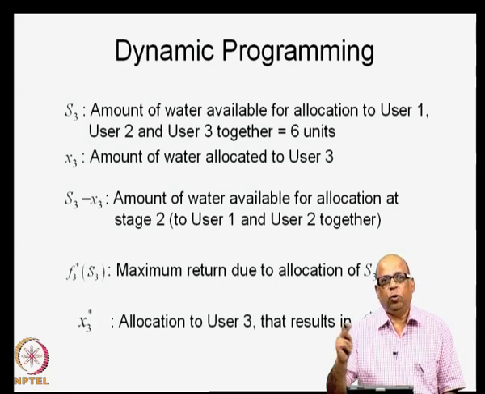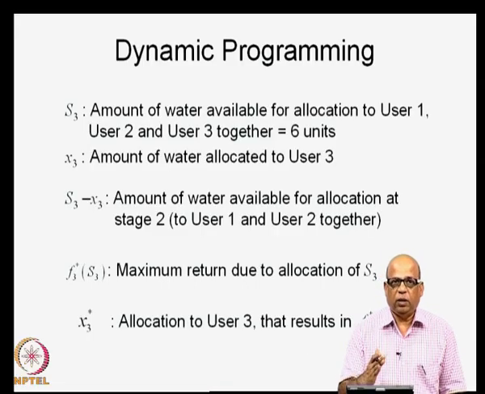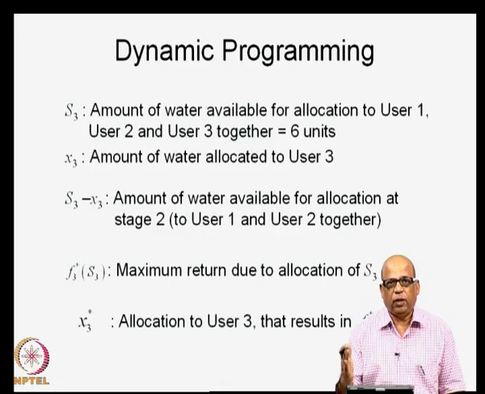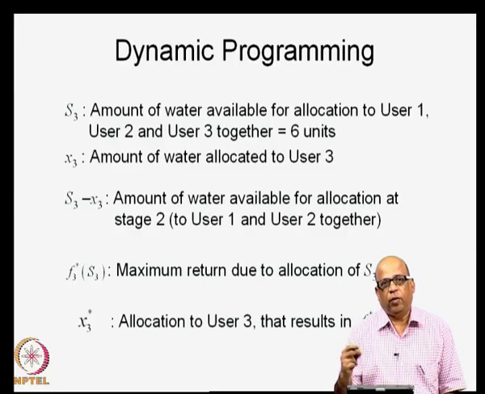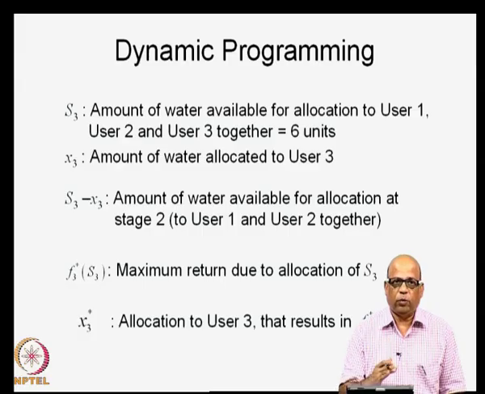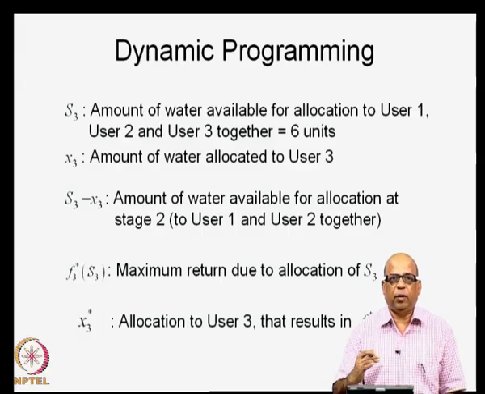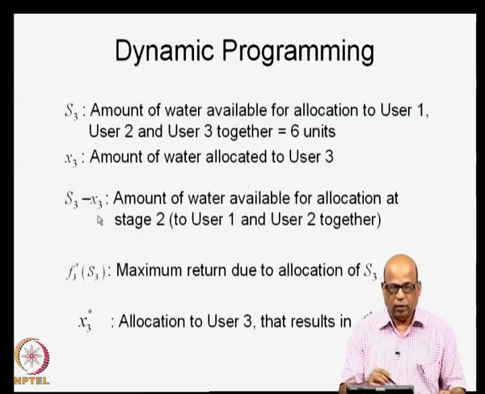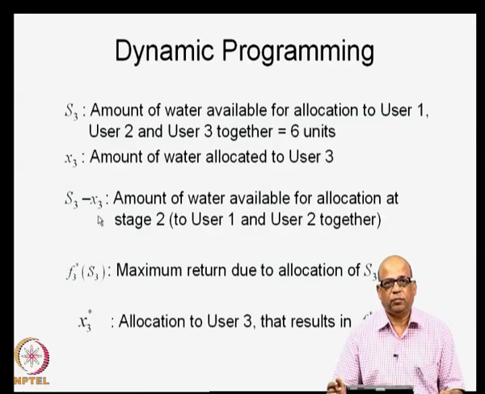You do not again go to stage 1 now, you simply relate it with what you have solved for stage 2, because in stage 2 computations you have already included the optimized value of stage 1. So, when you are doing stage 3, simply look at the previous table and pick up the optimal values corresponding to a given value of S3 minus X3.